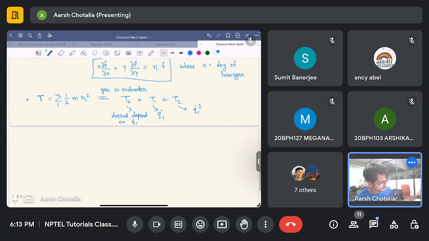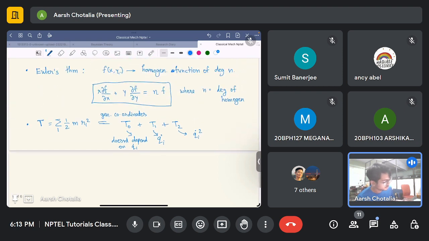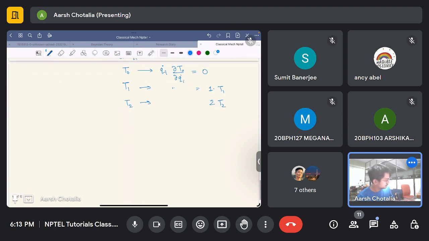So we can have these three kinds of terms, and then we can apply Euler's theorem, and we'll get that when we apply qi dot del by del qi dot, T0 will give 0. T1 will give 1 times T1, and T2 would give 2 times T2, right?